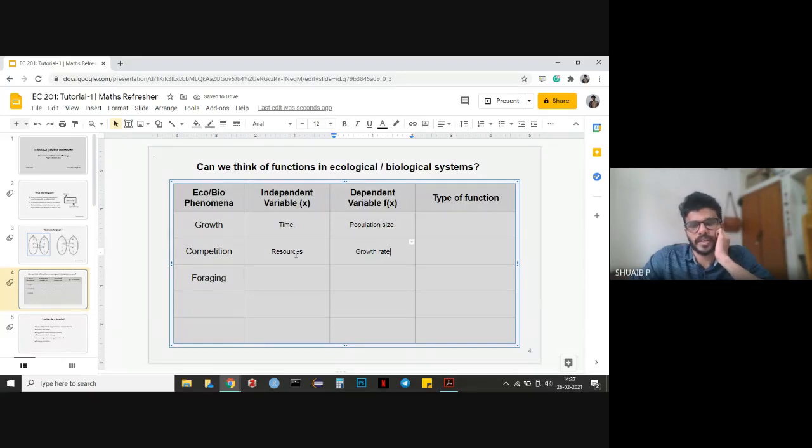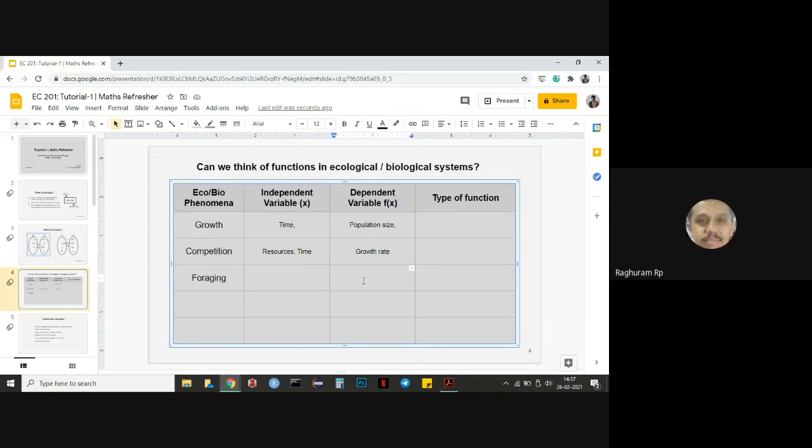And here also we can think of time as an independent variable, as over time the competition changes. Yeah, availability of space.